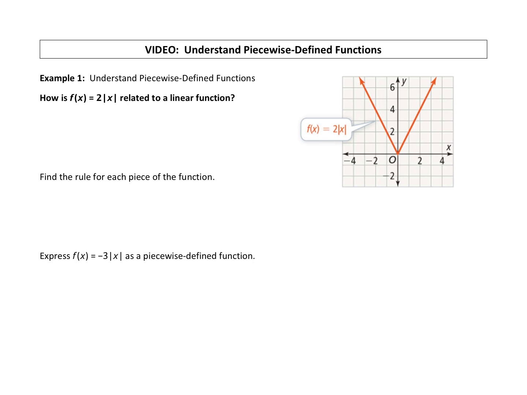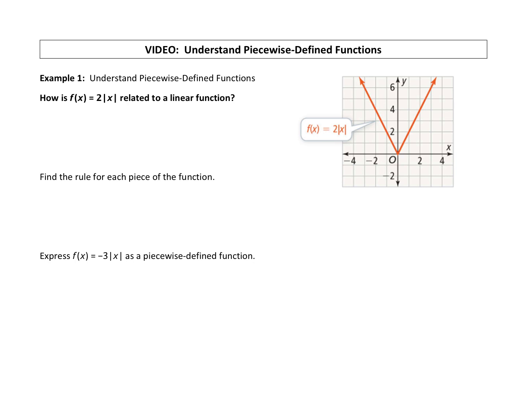But how is f of x equals 2 times the absolute value of x related to a linear function? Remember, a linear function is a function that is a straight line. Well, when I look at this, the whole thing is not a straight line. I can see a straight line on the right side and a straight line on the left side, so it's got two pieces that are straight lines.